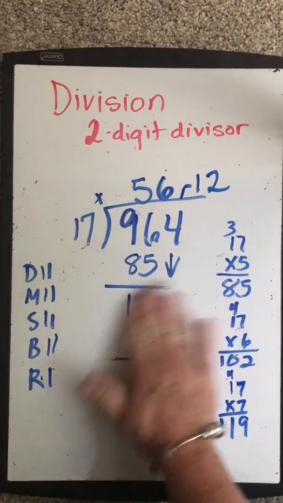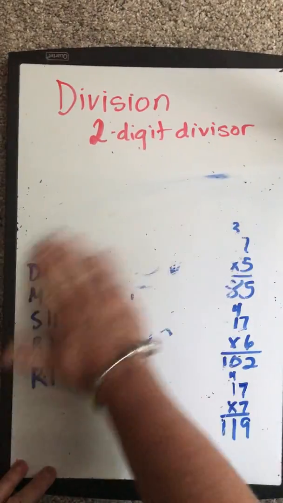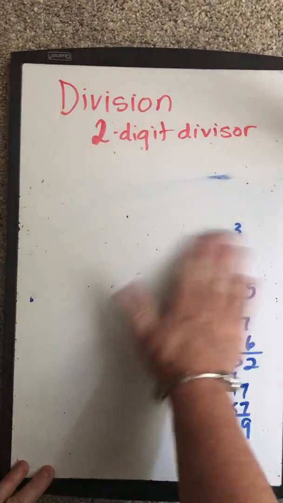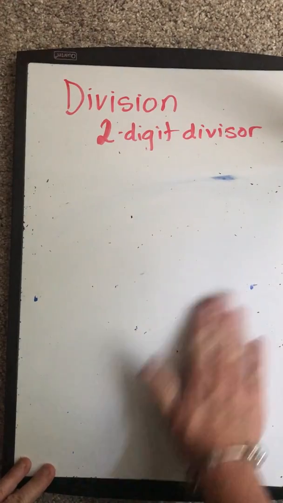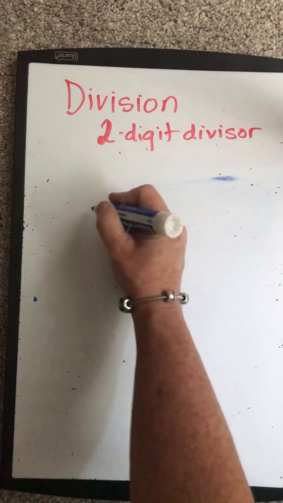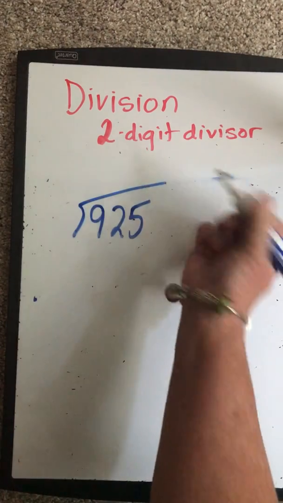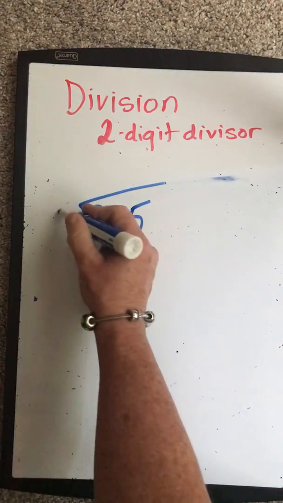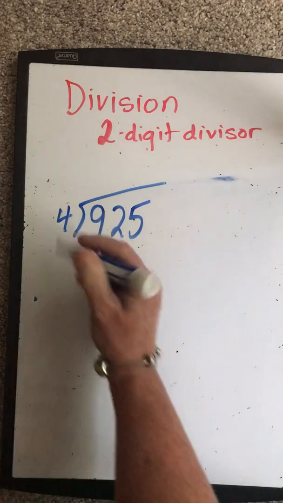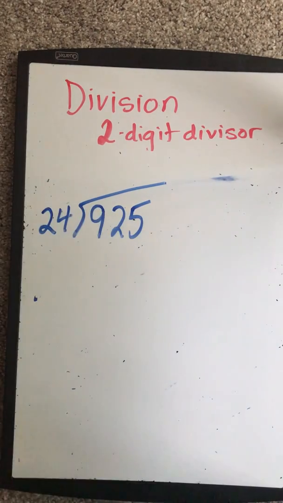We also can use the multiplication way with two-digit divisors. Let's do 925 divided by, let's say, 4. No, it has to be 2 digits. So we'll do 24.